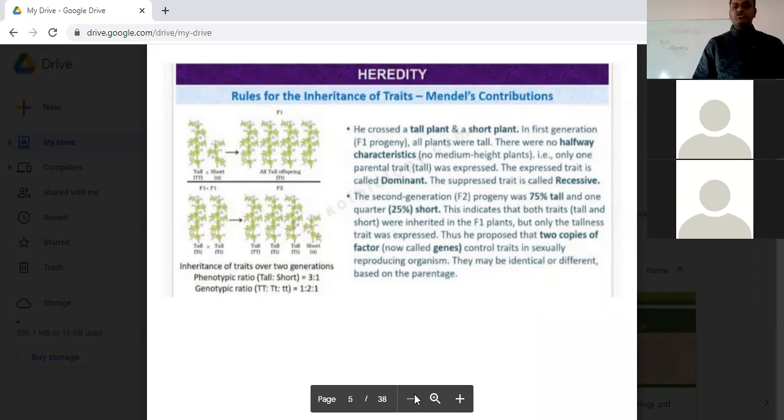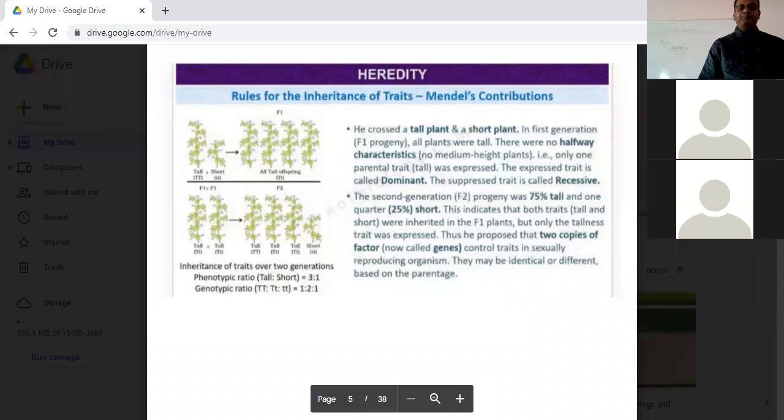He proposed that 2 copies of the factor, now called gene, control a trait in sexually reproducing organisms. Remember, when Mendel talked about the factor, at that time he was unable to express it as the word gene.